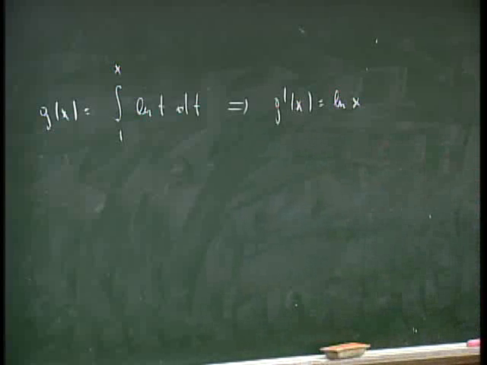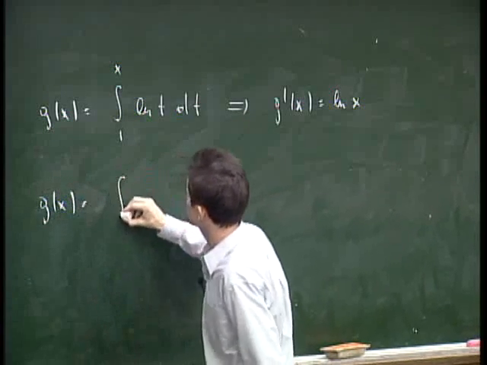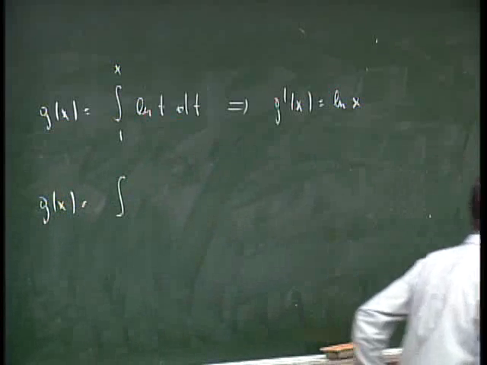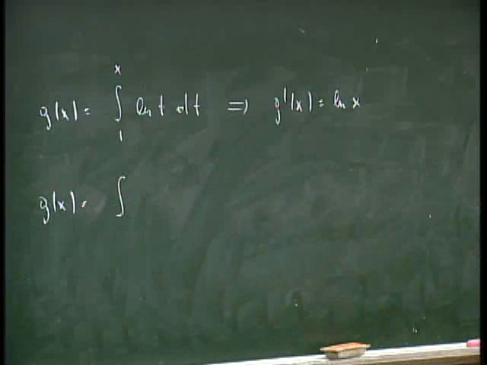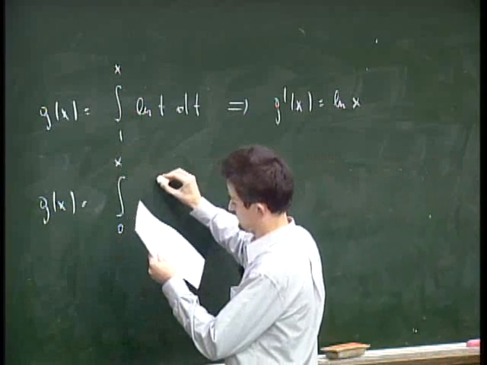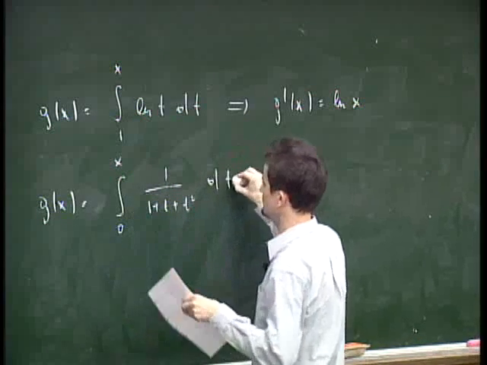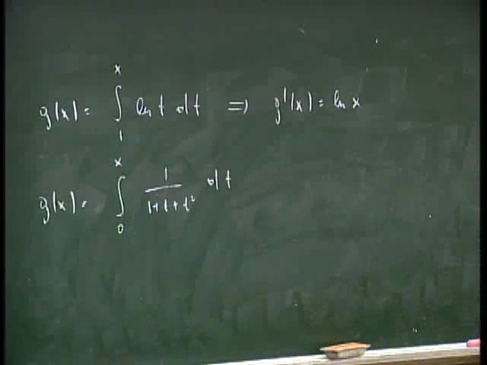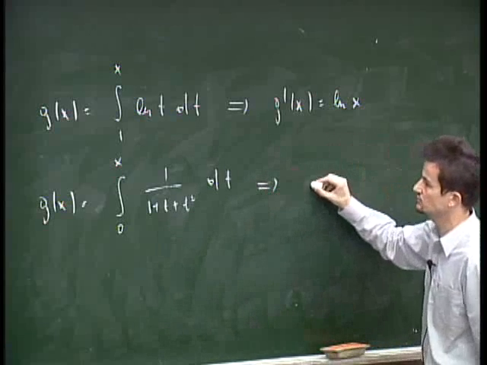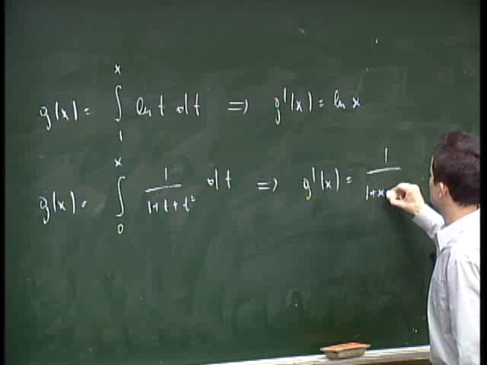So for instance, if you define a function as the integral from 0 to x of 1 over 1 plus t squared dt, and you want to know on which interval this function is concave upward, then from the fundamental theorem, the derivative of this function is 1 over 1 plus x squared.